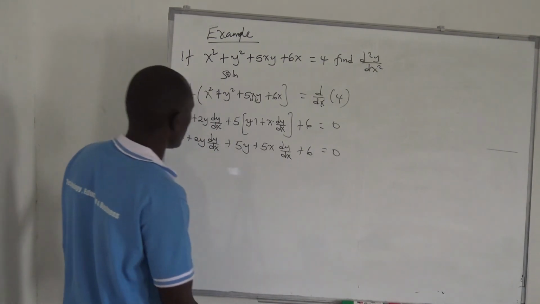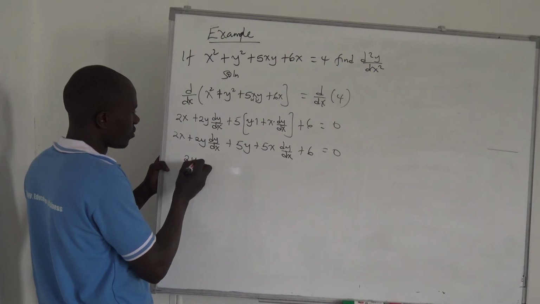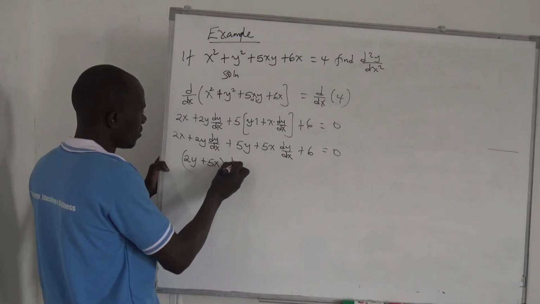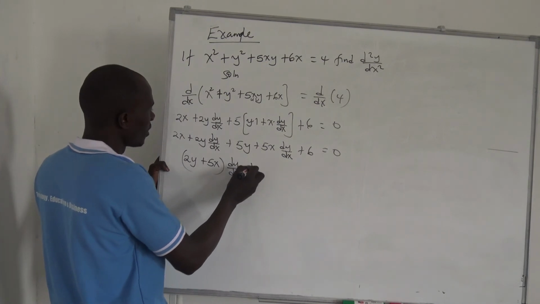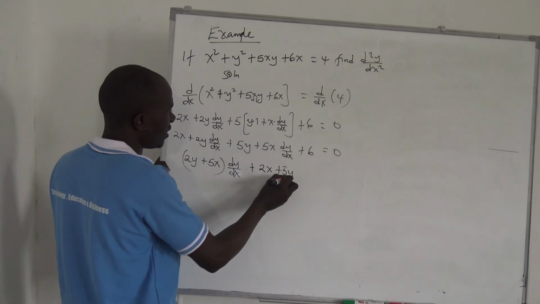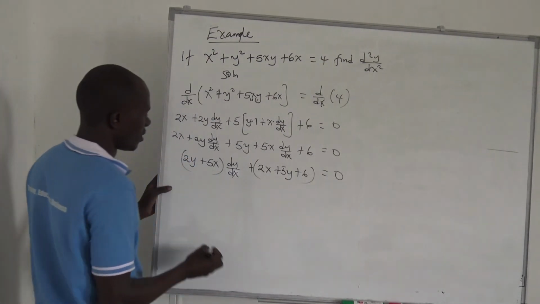So, can we collect those ones with dy/dx? What are we going to have? We are going to have 2y plus 5x, very good, dy/dx plus 2x plus 5y plus 6 equals 0. Take that to the other side.